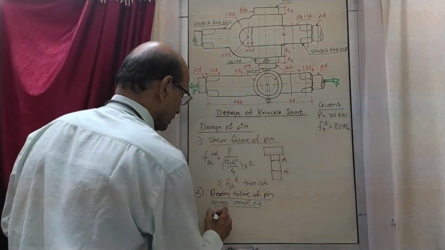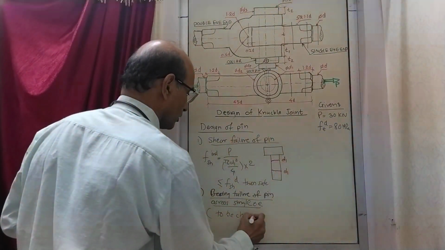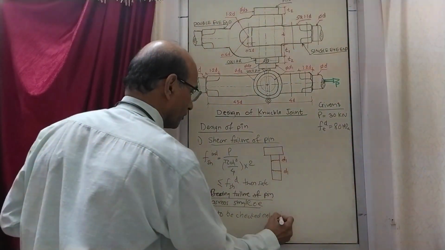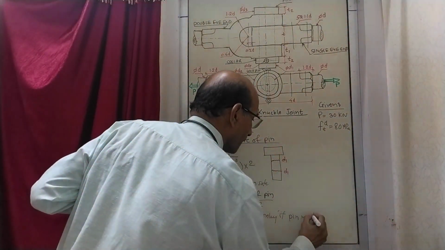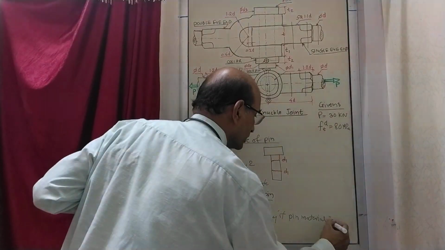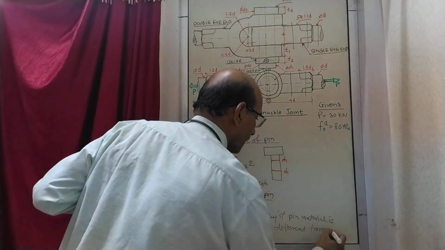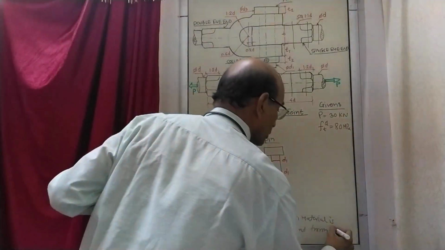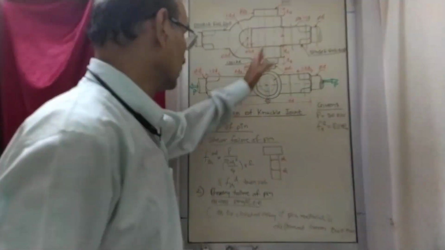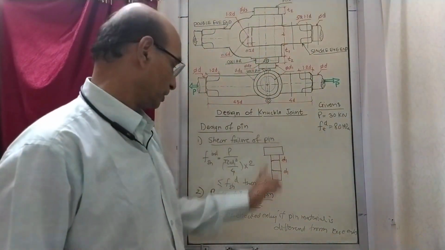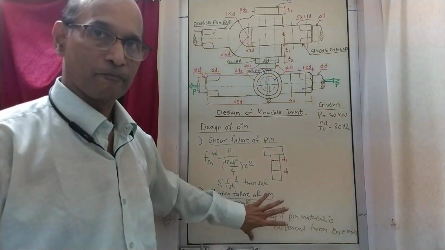This is to be checked only if the pin material is different from the eye ends. So if the pin material is different from the eye material, then only this is to be done. Otherwise this checking is not required, because the values will still be safe. Okay.